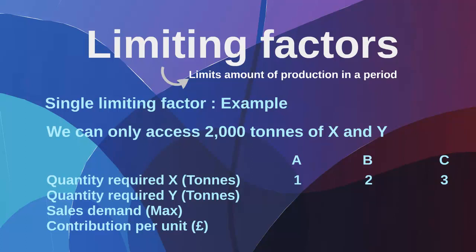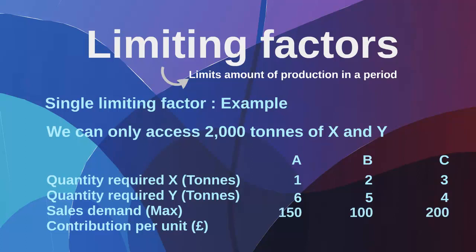Product A requires 1 ton of X. Product B requires 2 tons and C 3 tons. And for material Y, A requires 6 tons, B 5 tons and C 4 tons.